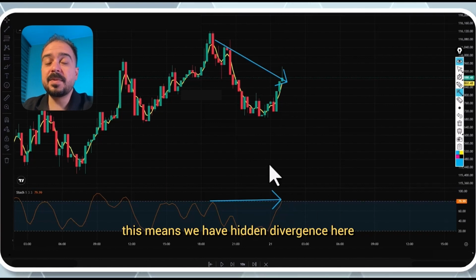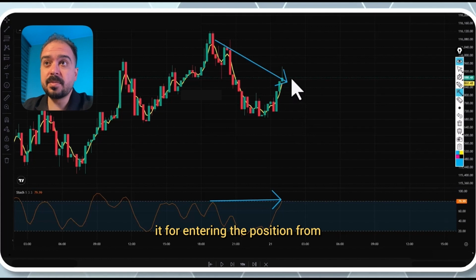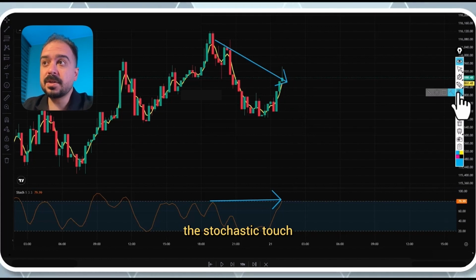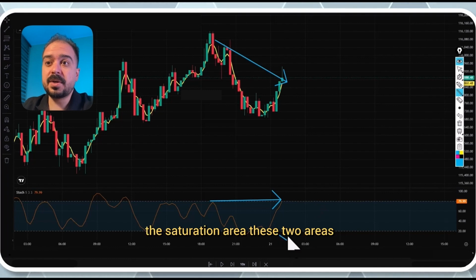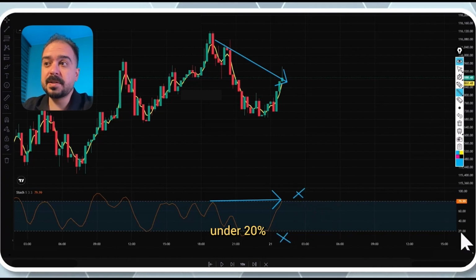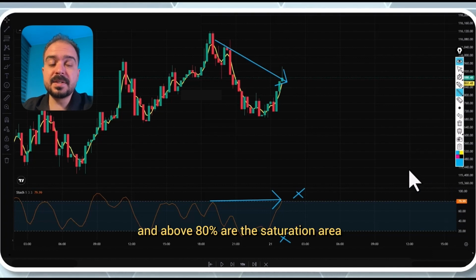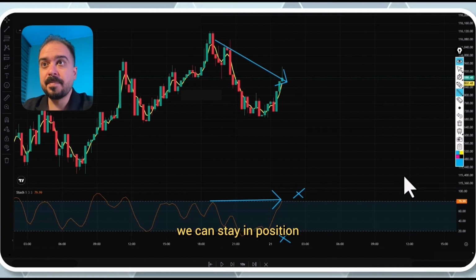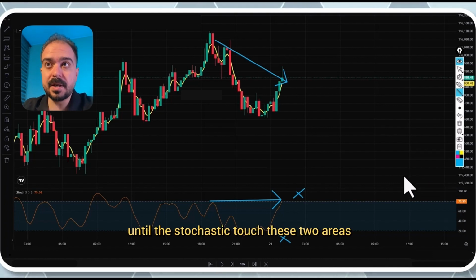So this means we have a hidden divergence here, and we can use it for entering the position from this point until the stochastic touches the saturation area. These two areas under 20% and above 80% are the saturation area. We can stay in position until the stochastic touches these two areas.